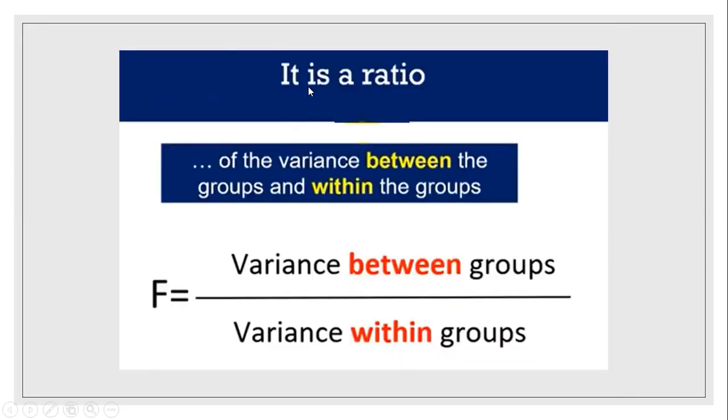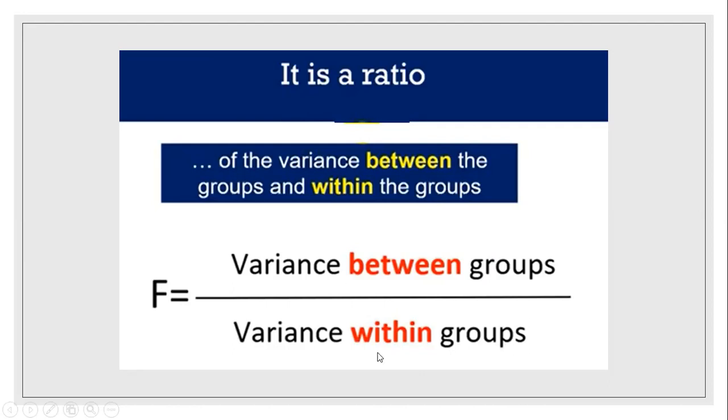So mathematically, what we are looking for is actually a ratio of the variance between the groups and within the groups. We can represent it like this: F. This F stands for F ratio or Fisher, but it's actually ANOVA, so we represent it with a capital F. We say it is the variance between the groups, from group A to group B to group C, over the variance within all the groups.